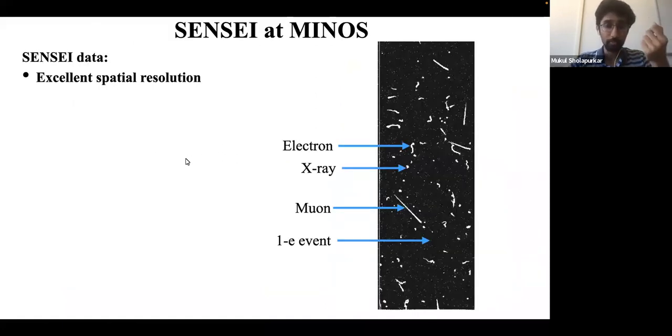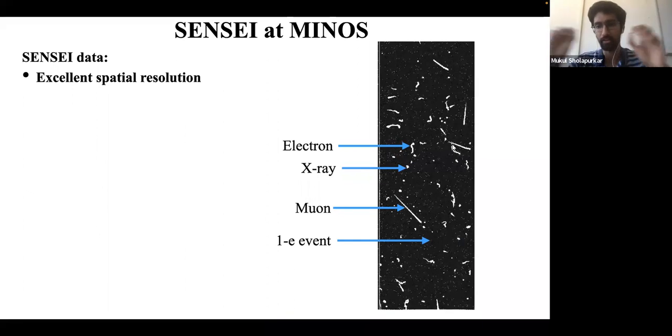Now, not just that, SENSEI has excellent spatial resolution, or in other words, it knows where these events happen on the pixels that it has on its CCD. As an example, I'm showing an image that SENSEI actually observed in its recent data run. The first thing that you see here are multiple bright white spots across the image.